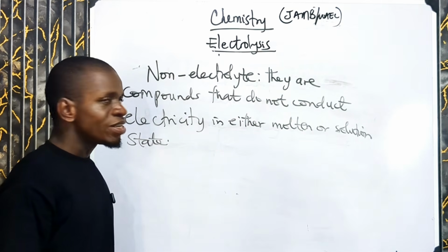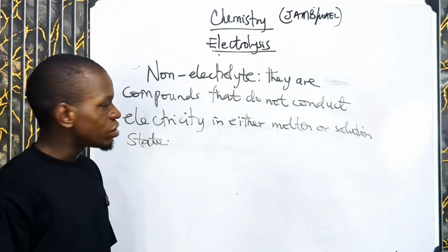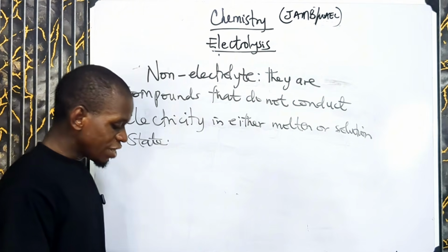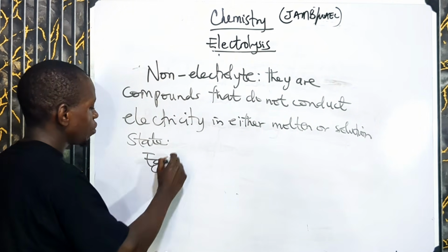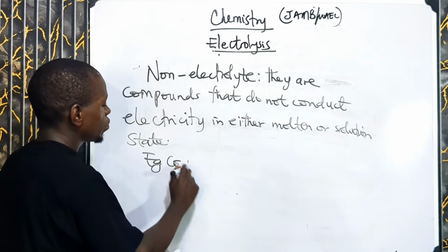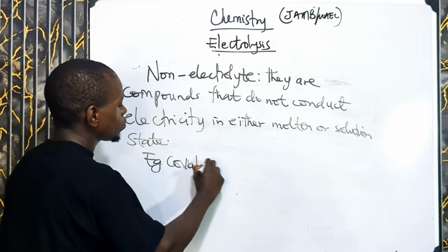And those ones are known as the non-electrolytes. Now, the examples of non-electrolytes are the covalent solids.